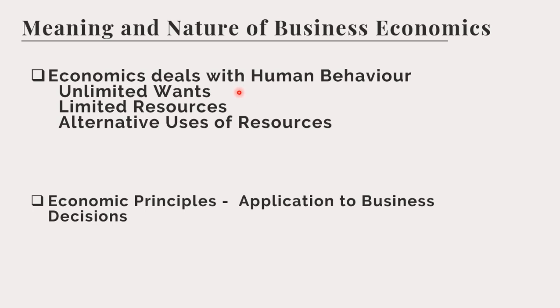As we studied in our 12th class, there are unlimited wants of human beings. Human beings' wants cannot be counted in numbers because they possess unlimited wants. But in order to satisfy all these unlimited wants, the resources available with the individual are limited.